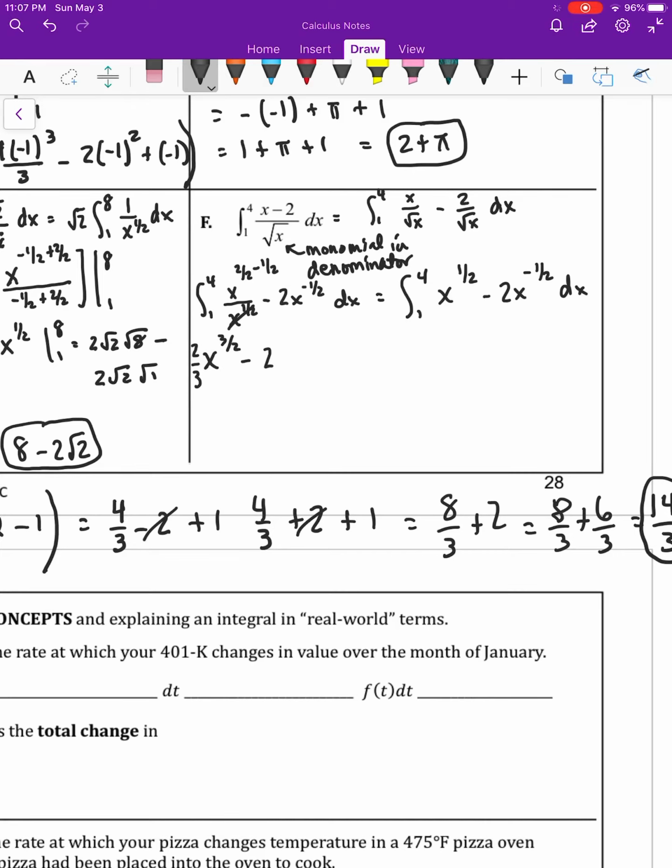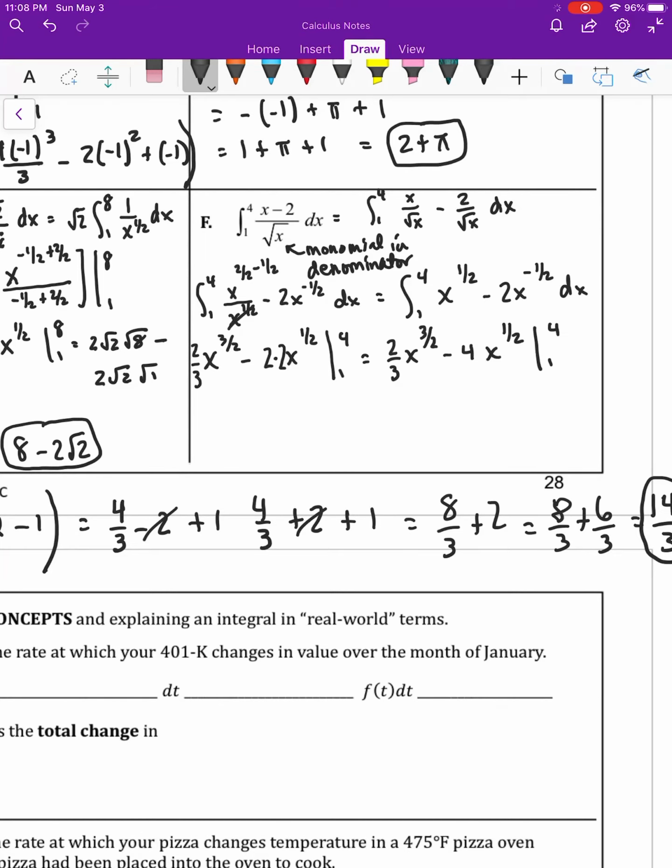So that's going to be x to the 3/2. Division by 3/2 is multiplication by 2/3. Minus, and this is going to be 2x to the negative 1/2 plus 2/2. So that's going to be x to the 1/2. And then divided by 1/2 is multiplication by 2 from 1 to 4.